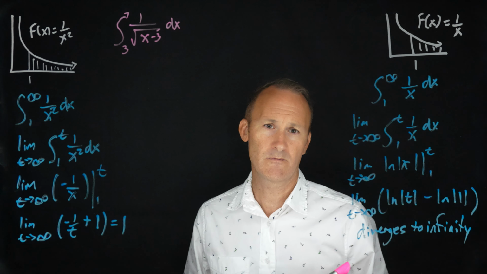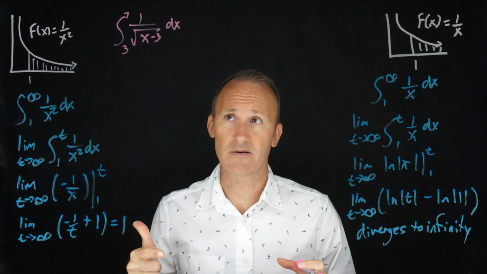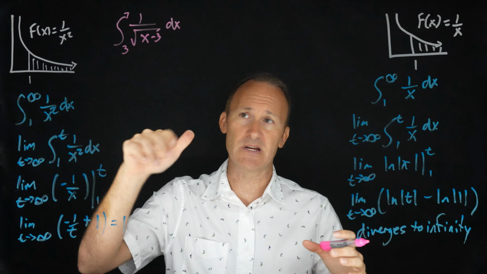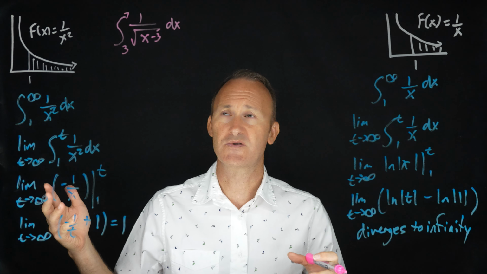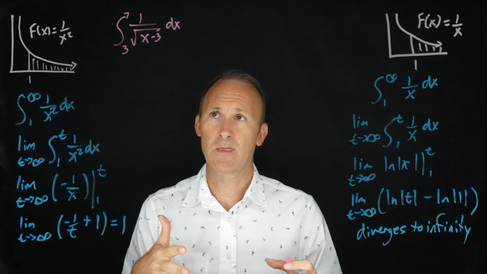So why is this included here? Because 3 is not in the domain, right? When you plug in 3, you get basically infinity. So you do need to do the limit as t approaches 3.